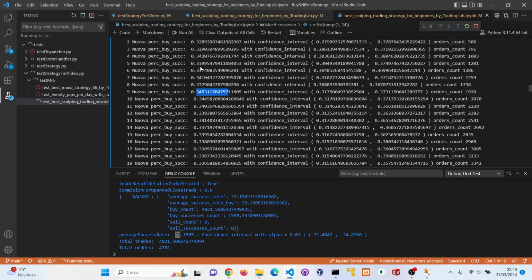And the average success rate would be 34%. But the confidence interval doesn't go past 33.3. So the strategy is profitable with this condition, but not statistically profitable.